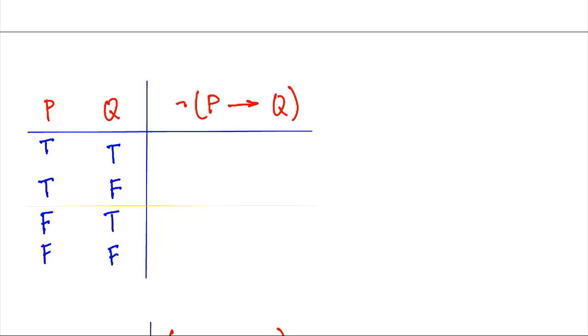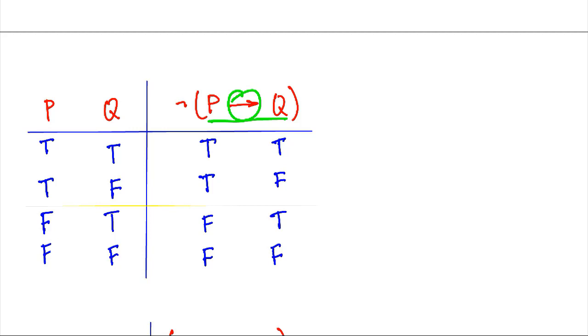Okay, next, and this is the last one that I'll do in this video, we have, it's not the case that if P then Q. Okay, so we begin by copying the truth values for P and Q. Okay, next we need to fill in the truth values underneath the arrow. So for the moment, what we're concerned about is just P arrow Q, what's inside the parentheses.